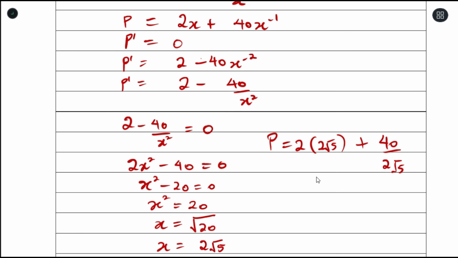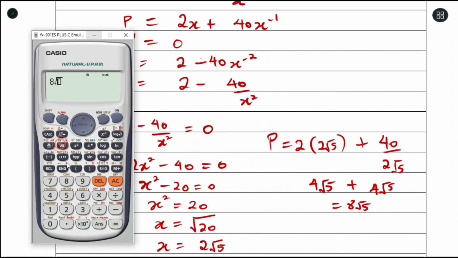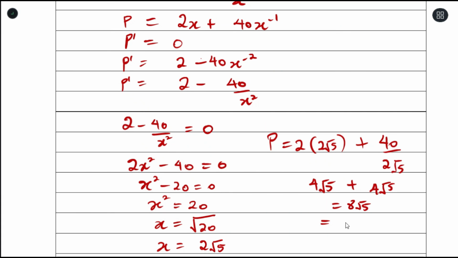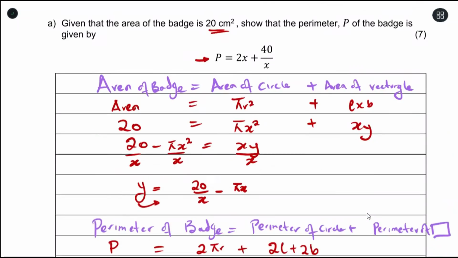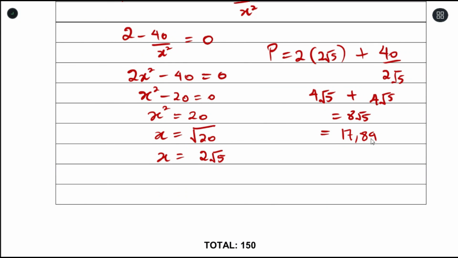Simplifying, this is 4 root 5 plus 4 root 5, which is the same thing as 8 root 5. If you put this in your calculator, you're going to get 17.89. Is it meters? The unit we're given is centimeters. So 17.89 centimeters. That's it.